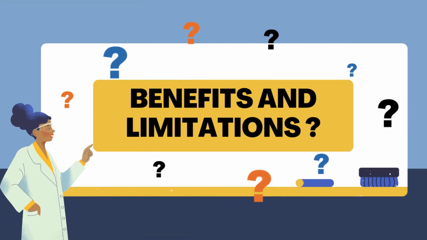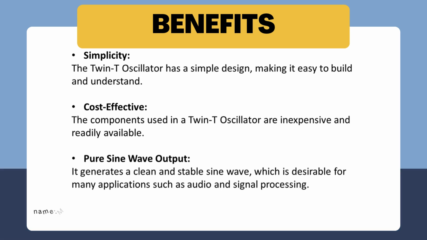So now let's talk about the benefits and limitations. The benefits of the twin-T oscillator, firstly, is how simple it is. It has a very simple design, which makes it easy to build and to understand.